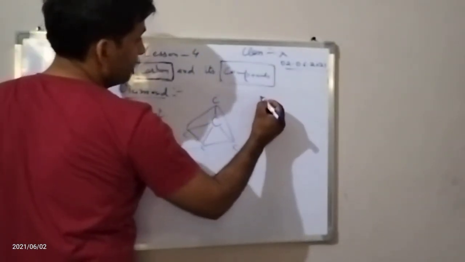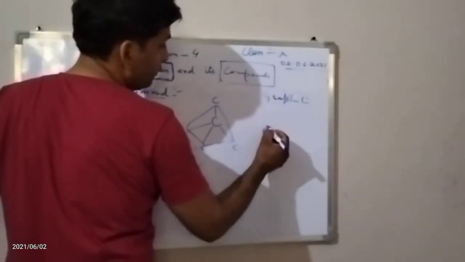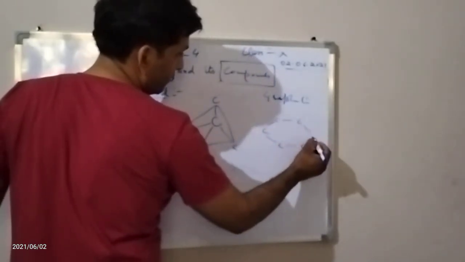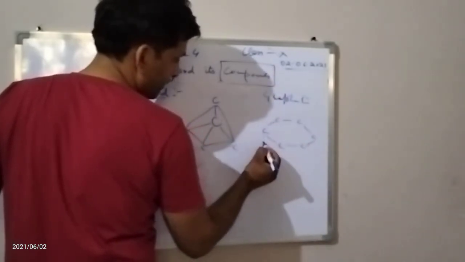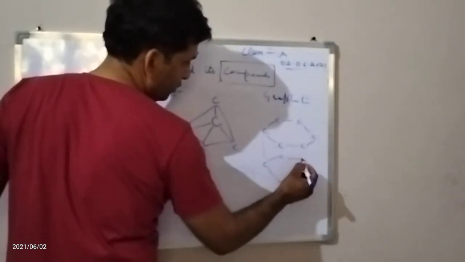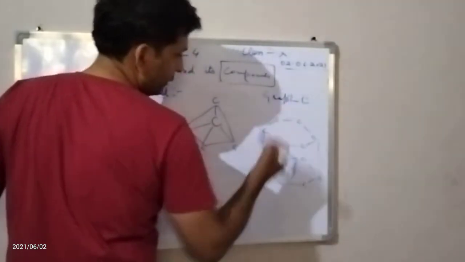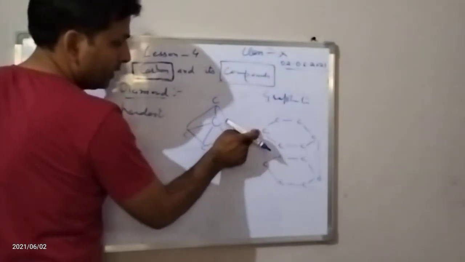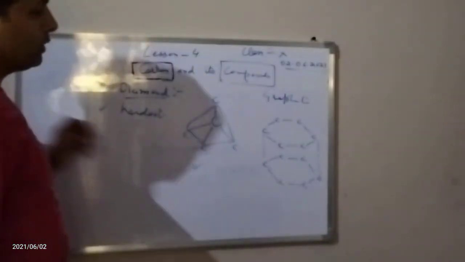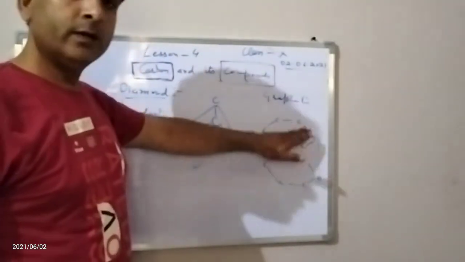If we talk about graphite, in graphite one carbon atom is bonded to three other carbon atoms. Look at this. All the carbon atoms are bonded to three other carbon atoms, forming hexagonal rings.